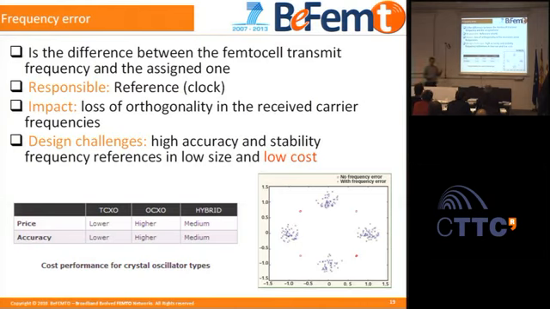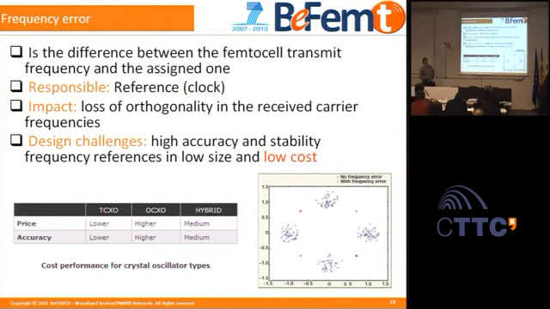That's a problem, because the synchronization and the frequency accuracy in a femtocell is a big challenge. The main responsibility for this frequency error is devoted to the clock, the reference, which has to be a very accurate reference signal.